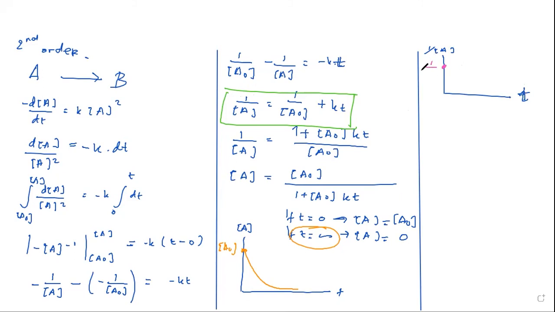This is 1 divided by the initial concentration of A. And as time proceeds, the value of 1 over A will increase, right? So the graph will be like this. Okay, so the linear plot of the second order reaction is produced between 1 over the concentration of A versus time.